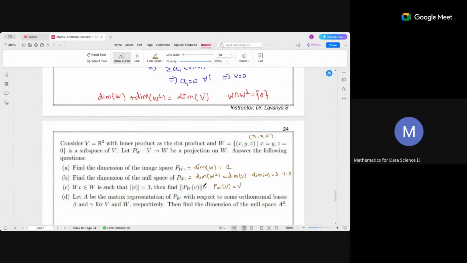So what's the norm of P v? 3. Okay, let A be the matrix representation of P_W with respect to some orthonormal basis beta and gamma. Find the dimension of the null space of A square. So what is A square? We already know A square is the same as A. So what is the dimension of the null space of A?